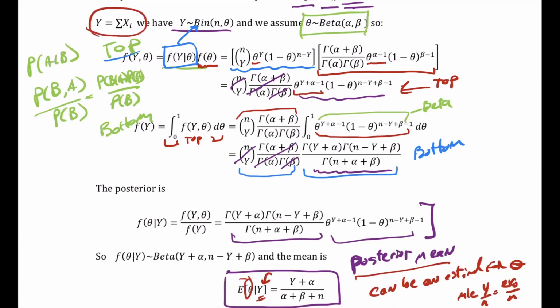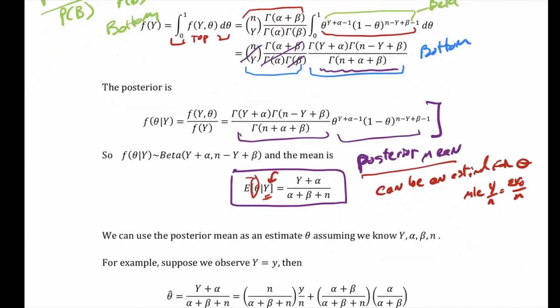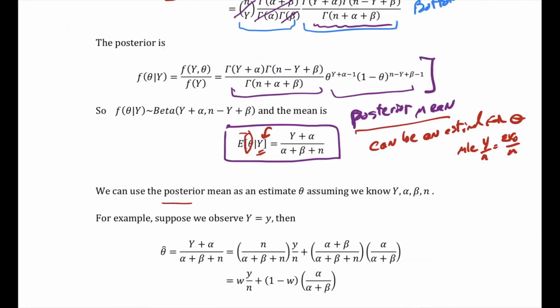Y is the sum of the X's. Or you can do this. So we have competing cases. We can use the posterior mean as an estimate of theta, assuming that you have the data and that you have the prior parameters that give you the prior distribution on the probability of success.